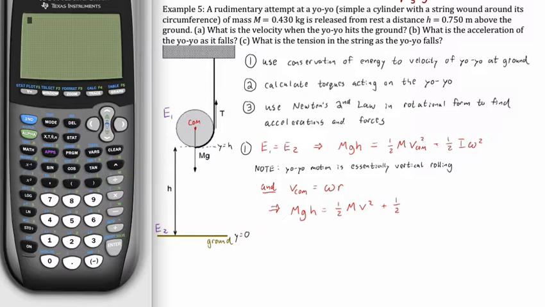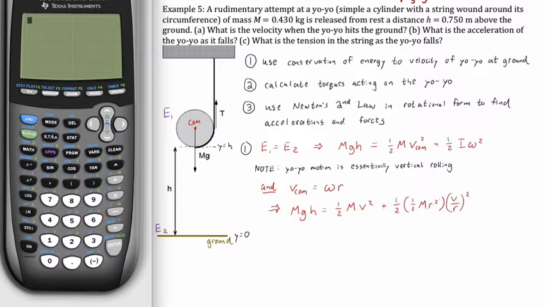Plus 1/2 I omega squared. We're going to say it's a simple cylinder, so we're going to use the moment of inertia of a simple cylinder, which is 1/2 mr squared. So that's our I. And then omega is simply going to be V over r, so we get our V over r quantity squared. You can see our r's cancel.